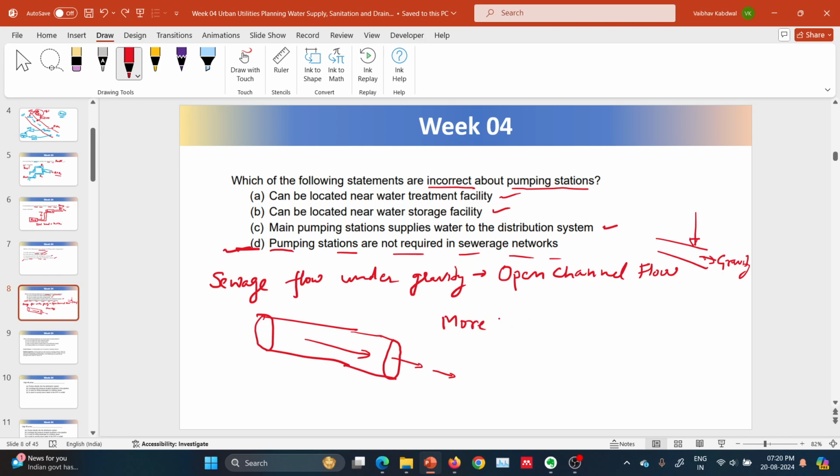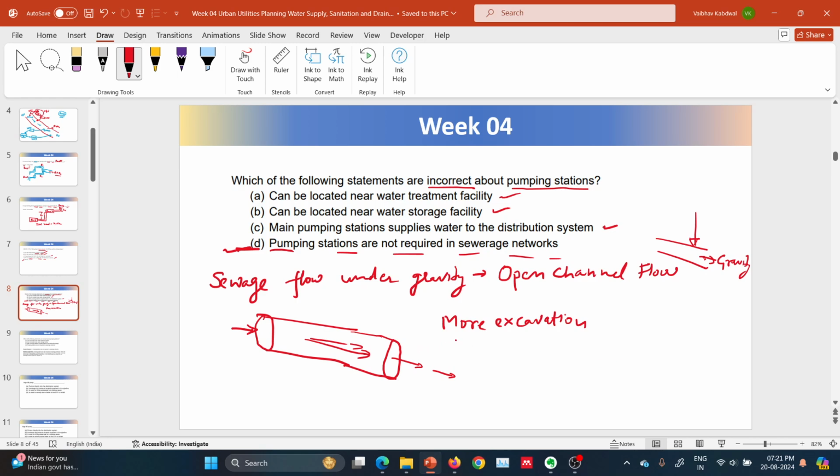Let's write it as more excavation. So suppose this is the home. From the home, let's say this sewage is flowing. So if we want to make a treatment plant, then we need to excavate more and more.